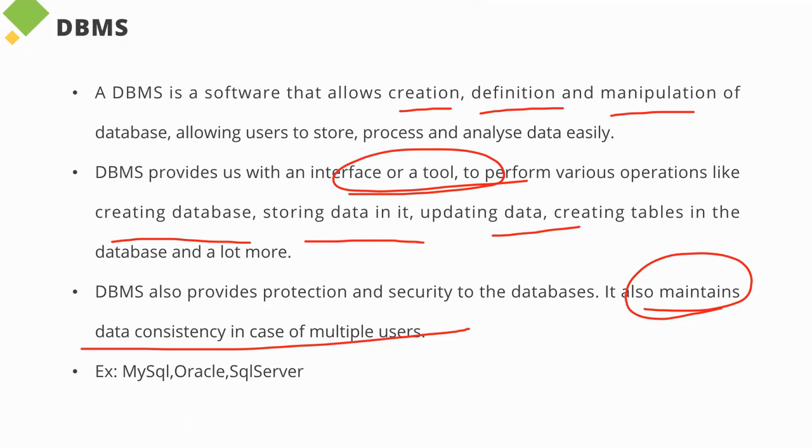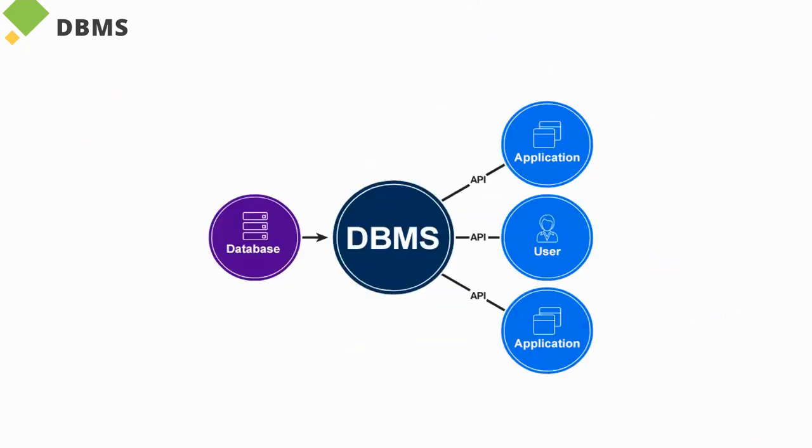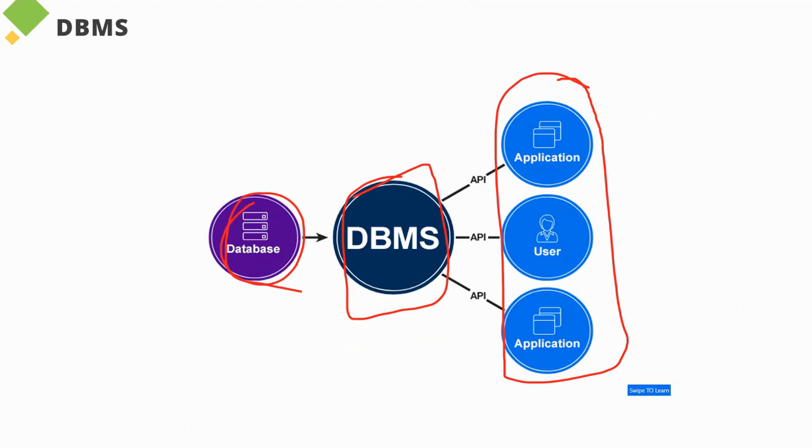The most popular DBMS software examples are MySQL, Oracle, and SQL Server. These are the most used and most commonly heard DBMS tools. So let's go over the pictorial representation of DBMS. So what is this database? DBMS is a software, or a user interface, between the application or user, whoever it is, and the data.